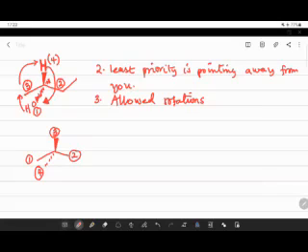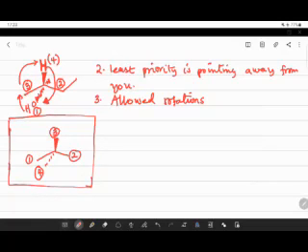So now, once we have the lowest priority group pointing away from you, which is what we have in the current configuration, the next guideline is to count the priorities 1, 2, and 3.